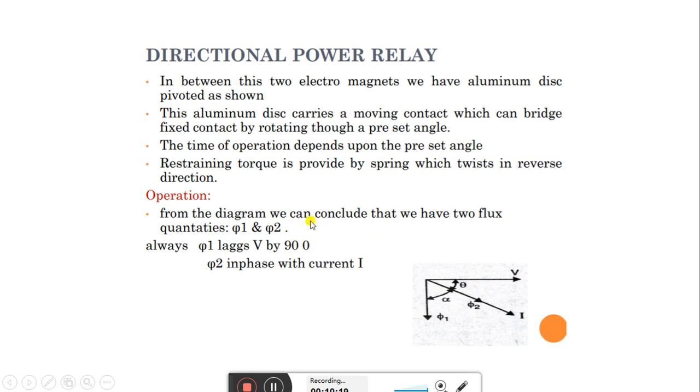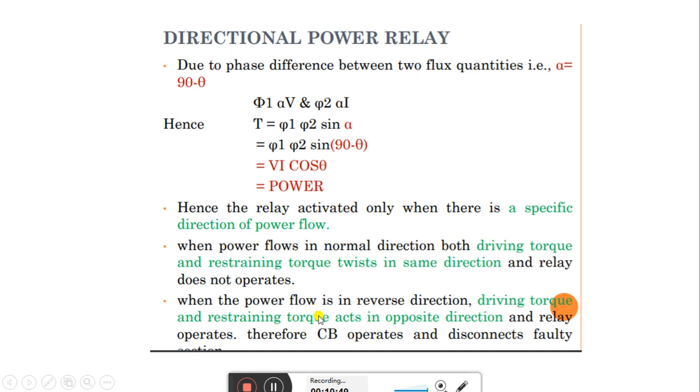From this diagram we can conclude that we have two fluxes. What are the two fluxes? Phi1 and Phi2. Phi1 always lags V by 90 degrees. Already I have told you, Phi1 is at 90 degrees from V, and Phi2 is in phase with current I. Now, due to the phase difference between the two fluxes, alpha is 90 minus theta.